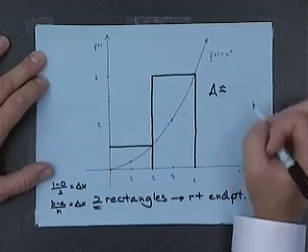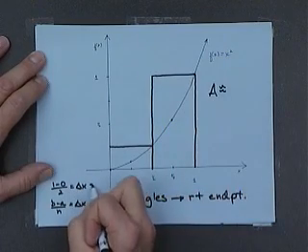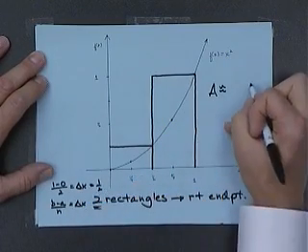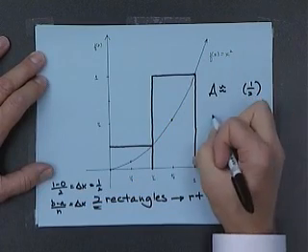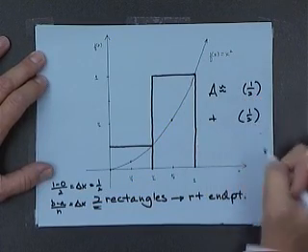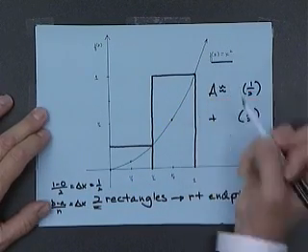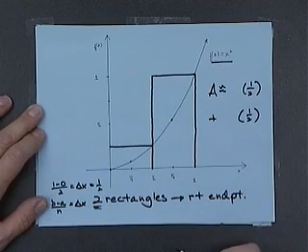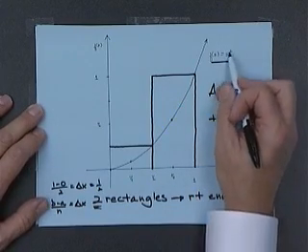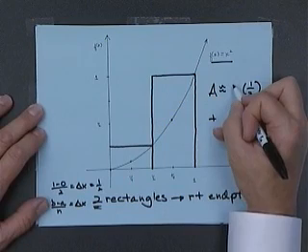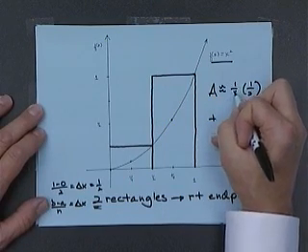Each one is delta x. Well, we know what delta x is. It's 1/2. Each one is 1/2 wide. How tall is the first rectangle? f of 1/2. Well, what is f of 1/2? Here's the function. 1/2 squared, so 1/4.